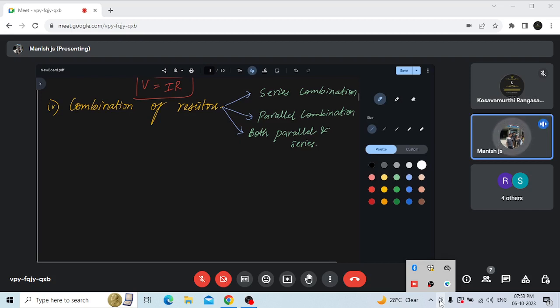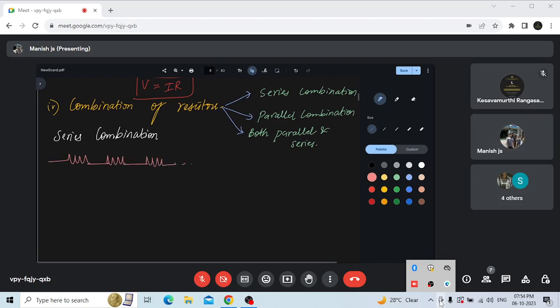So what is series combination? The first combination. Anybody? End-to-end connection. When do you say resistors are in series? When they are connected end-to-end.